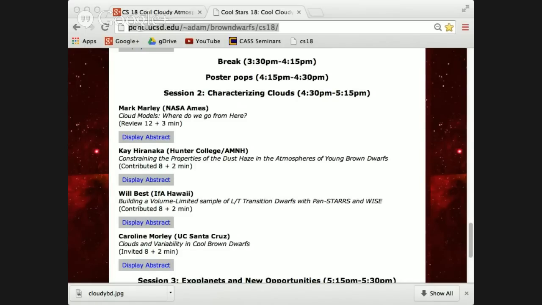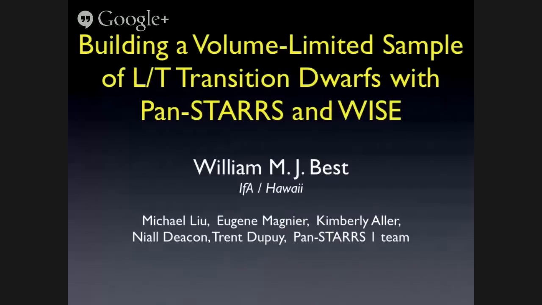One more fast question, then we need to move on. So first, saying that your conclusion makes a lot of sense. That the objects are redder because they are small particles makes a lot of sense because the gravity is supposed to be lower, so the particles stay in the upper atmosphere. And I have another question. Did you compare this spectra with other young brown dwarf spectra? Comparing young to young, I haven't done that.